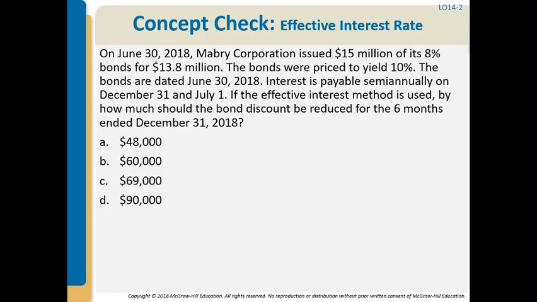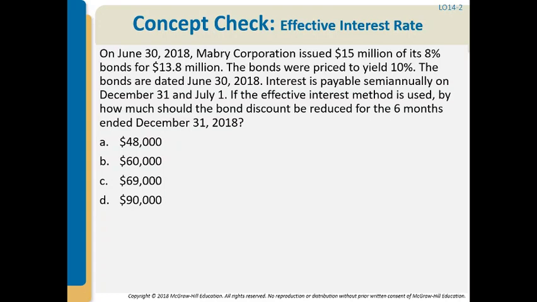All right, so here we have a question. On June 30th, 2018, Mabry Corporation issued 15 million of its 8% bonds for 13.8 million. The bonds were priced to yield 10%. So we're selling these at a discount.